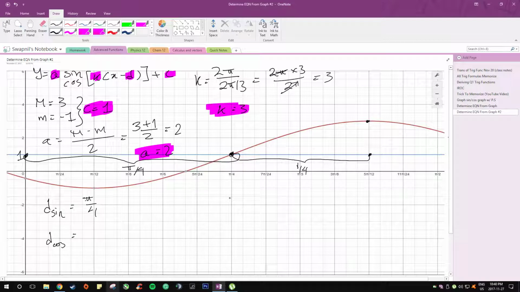Okay, how do you get the d for the cosine? Well, remember, like I said earlier, the cosine graph starts at 1, comes down to -1, goes back up, and goes like that. Well, if it starts at the top, then this would be the cosine value. If the origin was to be here, and the graph started here, this would be a cosine equation.